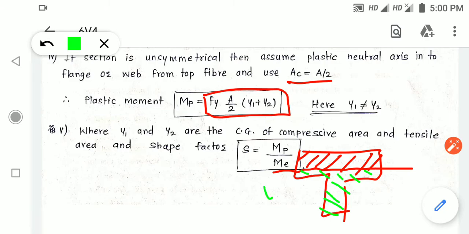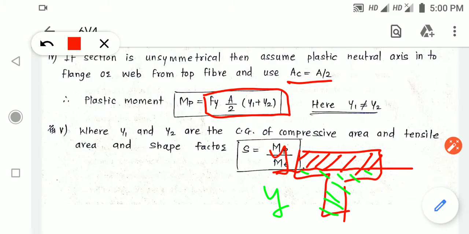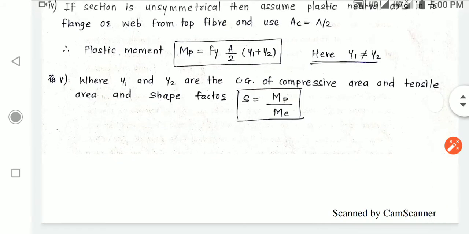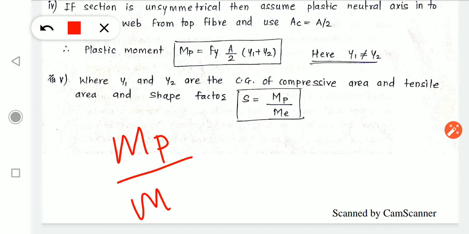So Y for the lower area and Y for the upper area will be different, right? Therefore I said Y1 is not equal to Y2. Understood? Now come to the last step. Once we are able to calculate the moment in the plastic region and the moment in the elastic region, take a ratio of it, that will be the shape factor.